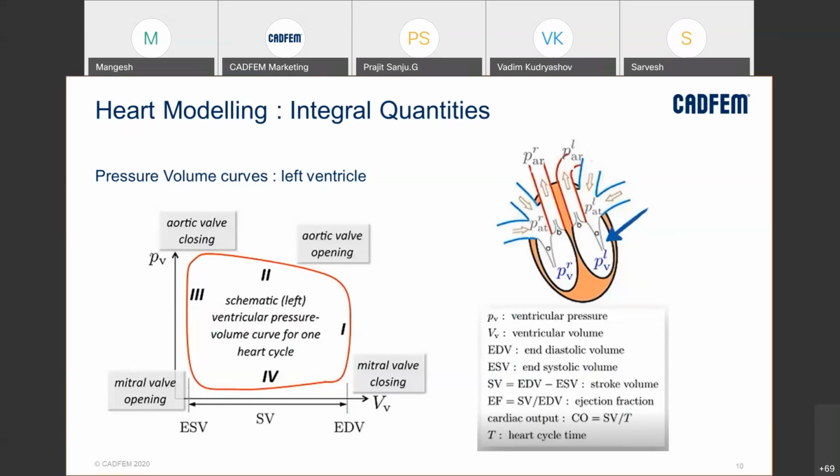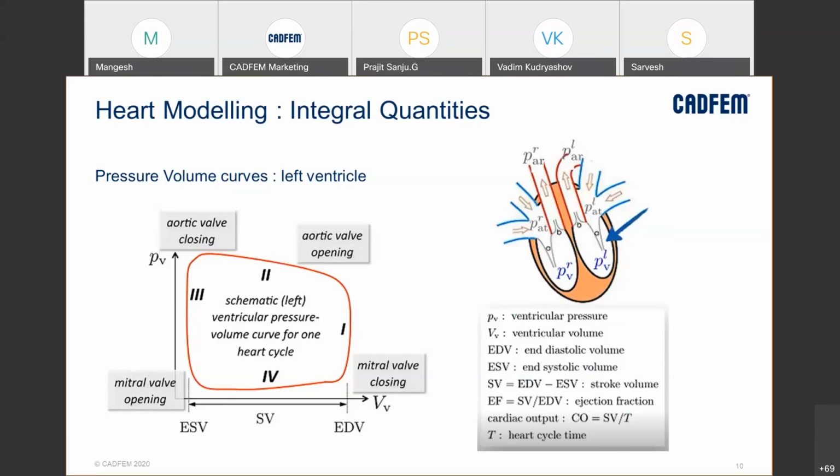So if we look at this graph, it's all about the left ventricle of the heart, which is supposed to collect the oxygenated blood from the lungs, and then send it to the aorta, where it will distribute it to the body, right?